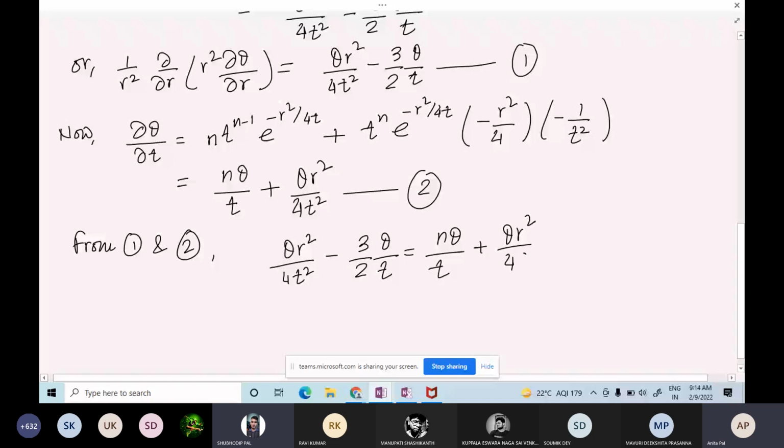Now this theta r square by 4t square is on both sides, so it will be cancelled. If you simplify, what will you get as n? n is equal to minus 3 by 2. Nice problem.